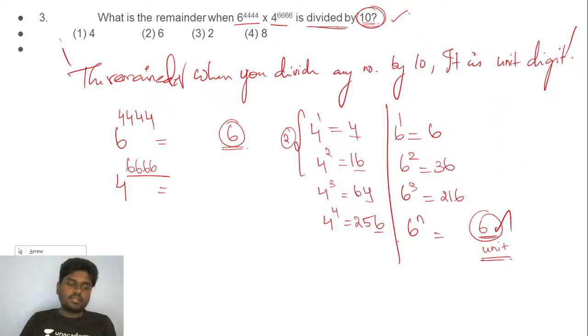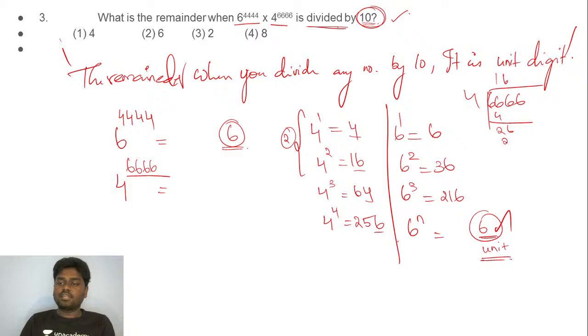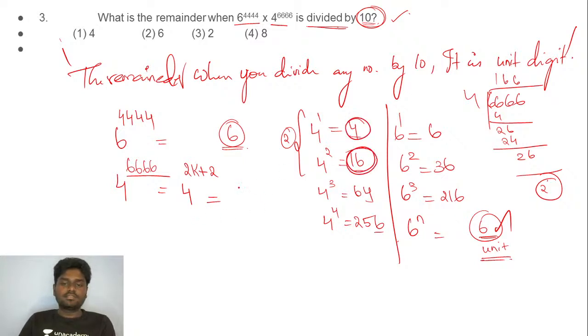If I divide 6666 by 4, you'll get the remainder to be 2. So can I write this as 4 power 2k plus 1, 2k plus 2? Plus 1 means I'll get the remainder 4, plus 2 means I'll get the remainder 6. That's it.